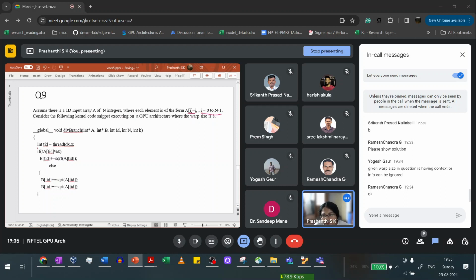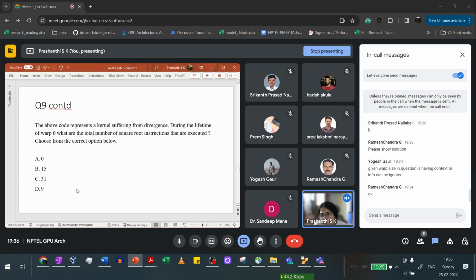So this is your code, tid equal to threadIdx.x. If not of A[tid mod 8], B[tid] plus equal to square root A[tid], else you have this block executing, B[tid] plus equal to square root A[tid], B[tid] plus equal to square root A[tid]. I'll come back to this.